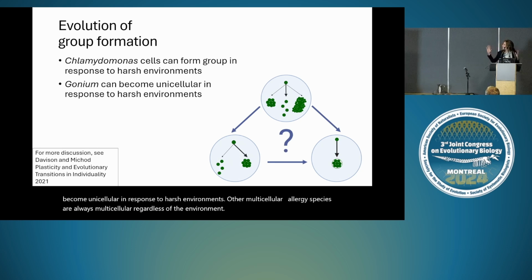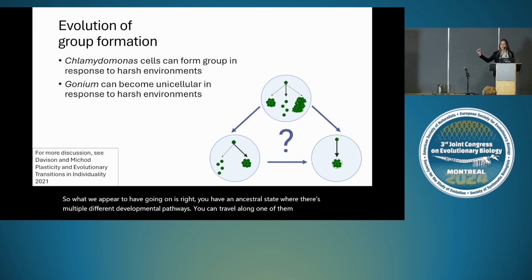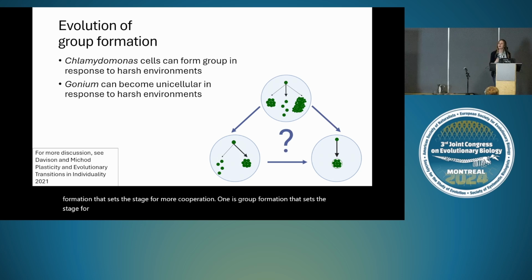So what we appear to have going on is, right, you have an ancestral state where there's multiple different developmental pathways you can travel along. One of them is group formation that sets the stage for more cooperation. One is group formation that sets the stage for more conflict. And we're seeing the loss of that developmental pathway that sets the stage for increasing levels of conflict.